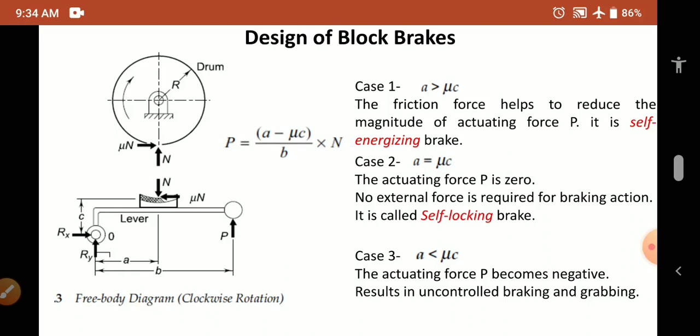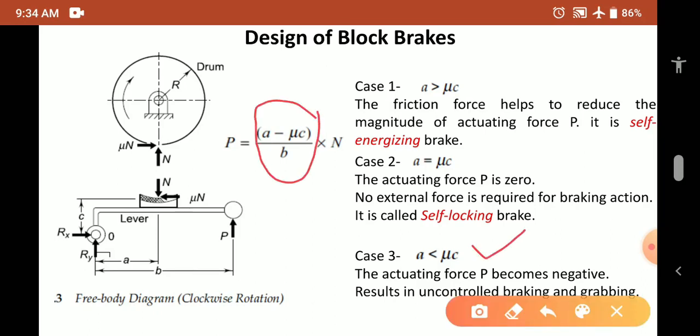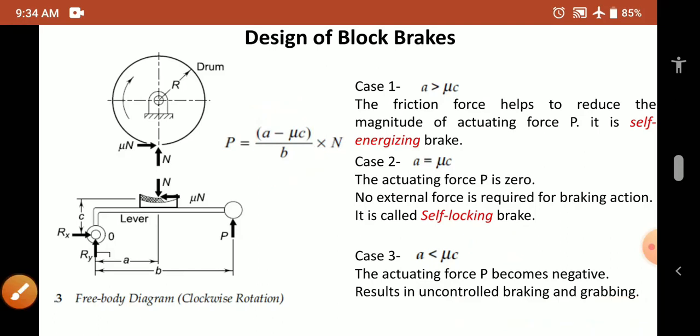Now case number 3: when A is less than mu C, this bracket will be negative. So this actuating force becomes negative. That means this results in uncontrolled braking and a grabbing condition.